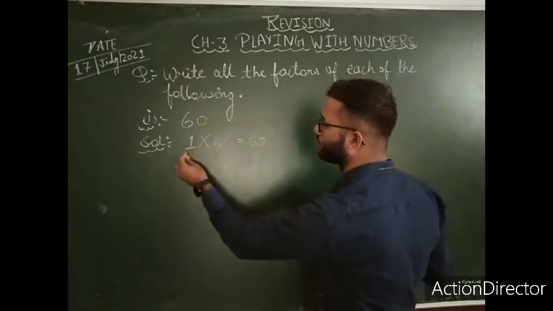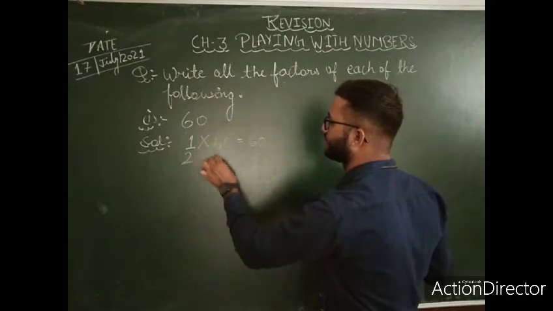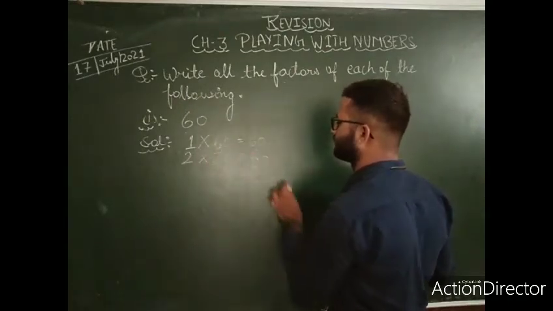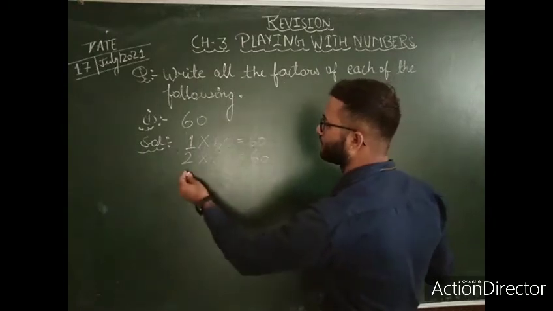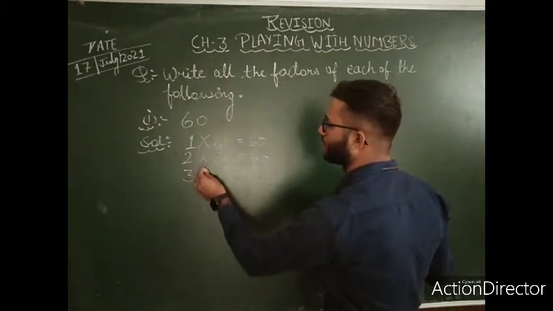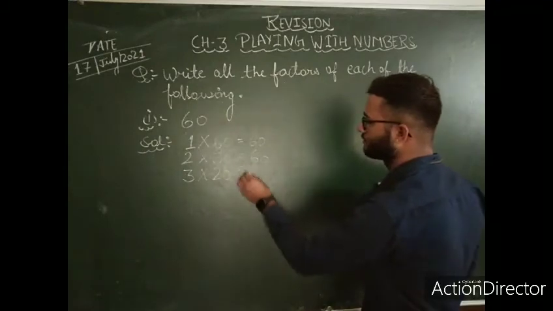Now 2, if we multiply 2 and 30, we get 60. Next 3, yes, 3 multiplied by 20, we get 60.